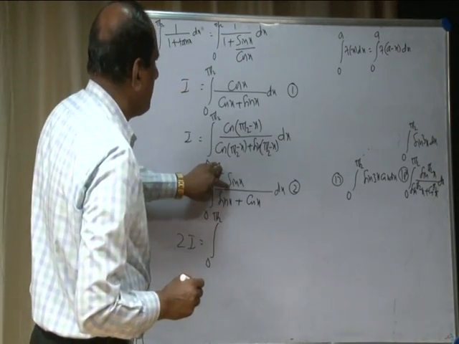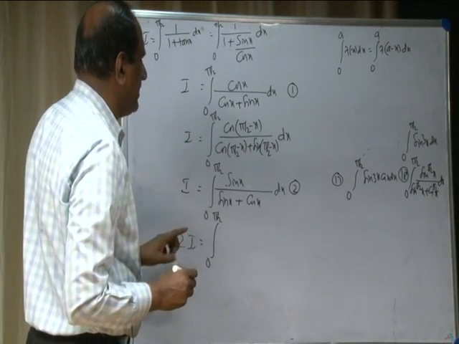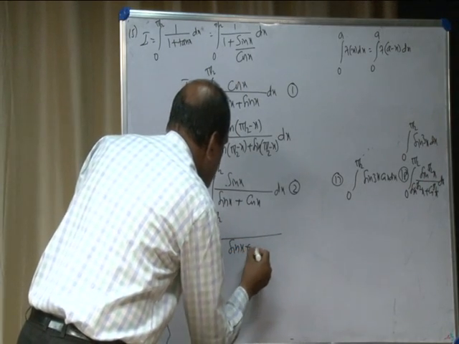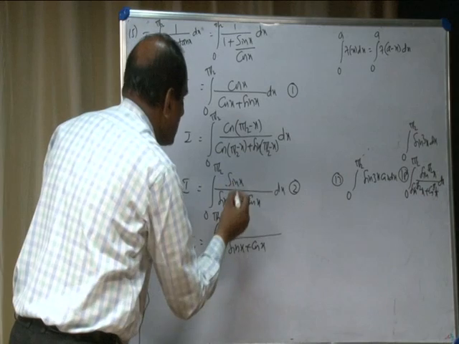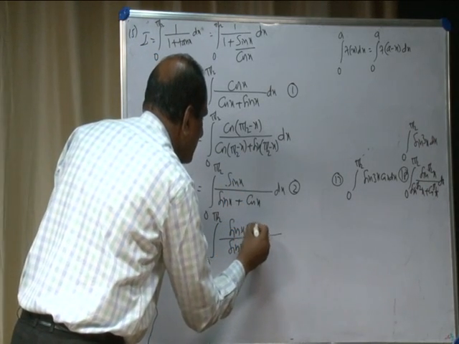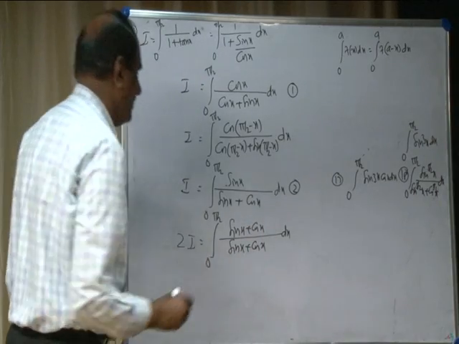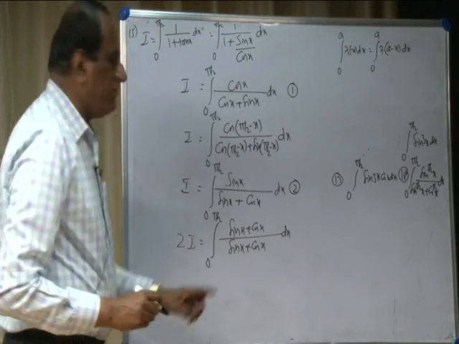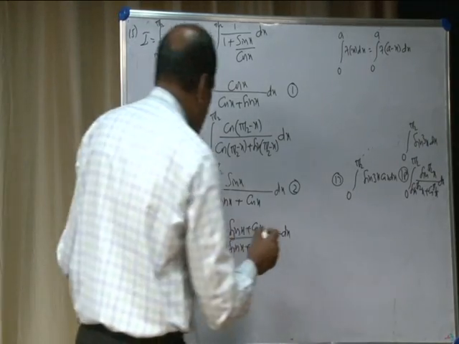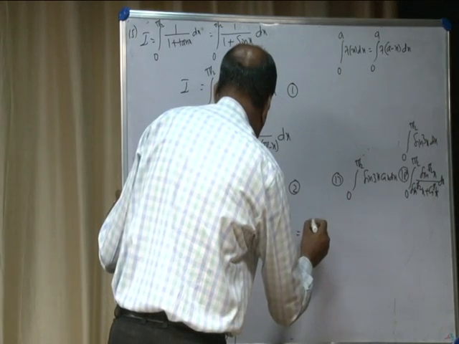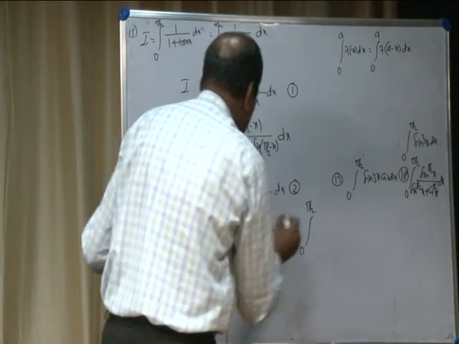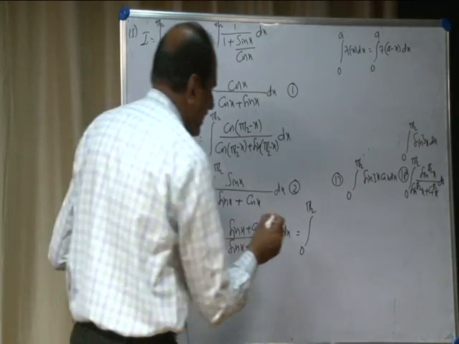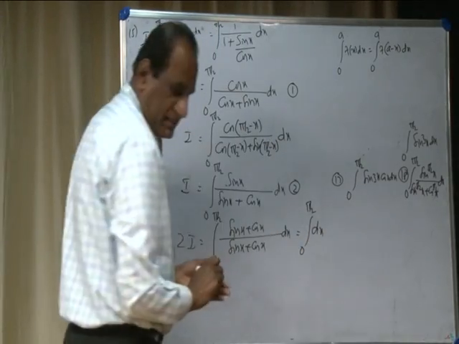Now, the denominators cos x plus sin x are the same, the LCM is the same, and the numerator is cos x plus sin x. So, 2I is equal to integral from 0 to pi by 2 of sin x plus cos x divided by sin x plus cos x. See here, sin x plus cos x by sin x plus cos x is 1 into dx, that is nothing but dx.